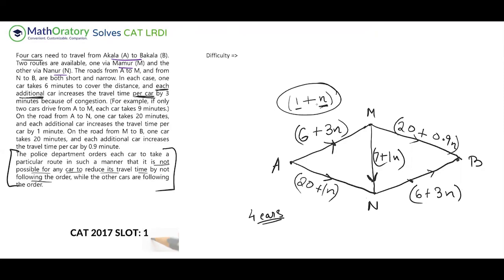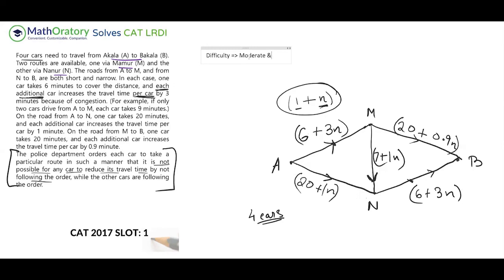The difficulty is not very high, at least for the first 2 questions. So I'll just rate it moderate because of the first 2 questions. The third and fourth questions were something to do. So I would not say this is a very easy set as such. I would rate it as moderate to maybe moderate to tough, or just moderate level of difficulty.